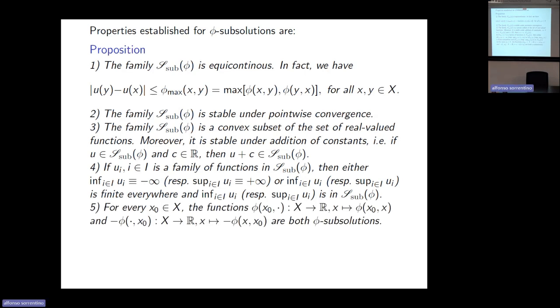Now, the two functions we can get as subsolutions easily from phi: we fix the first variable, then as a function of the second variable, it's a subsolution. And if we want to fix the second variable, you have to put a minus sign to get a subsolution.